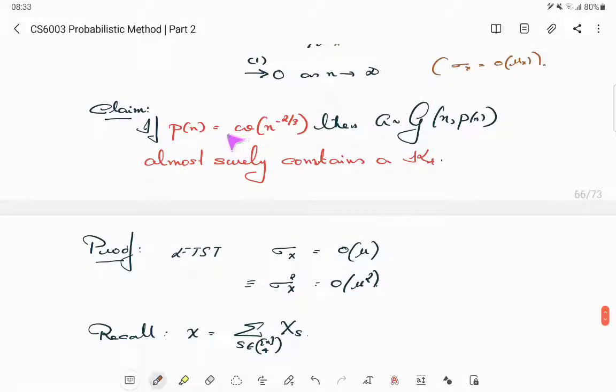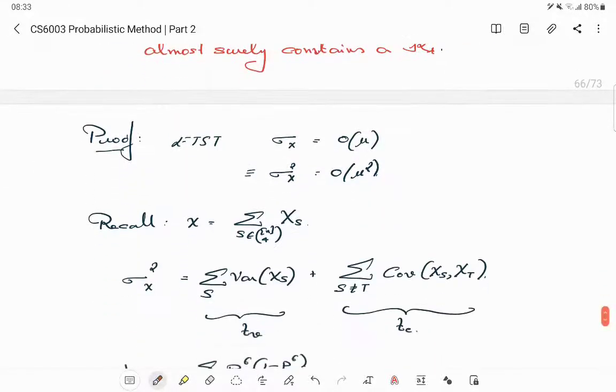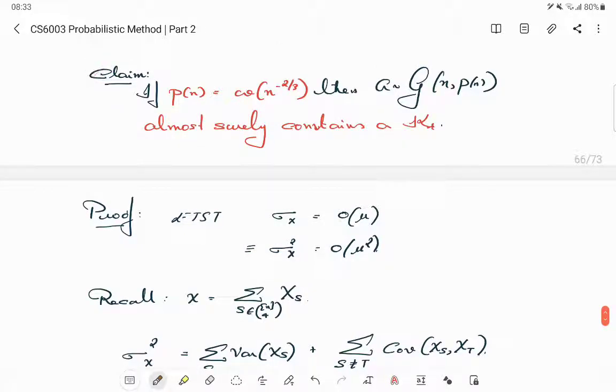So this is the claim we are trying to prove under this case 2 regime, where p of n is omega of n to the power minus 2 by 3 and G is sampled according to G(n, p_n). It almost surely contains a K4. I should have just said that what is left to prove is sigma x is little o of mu x.